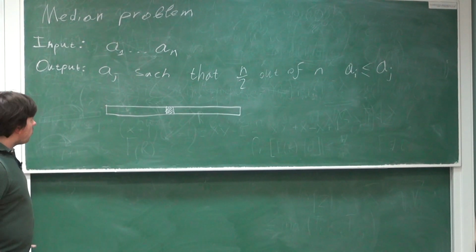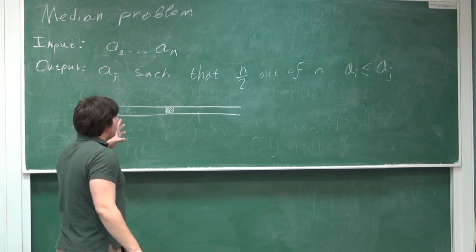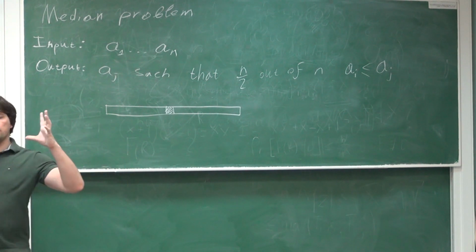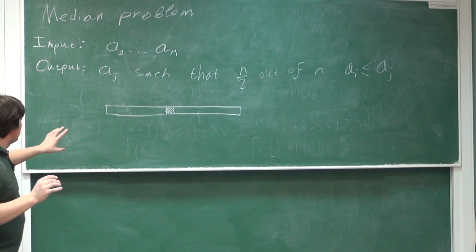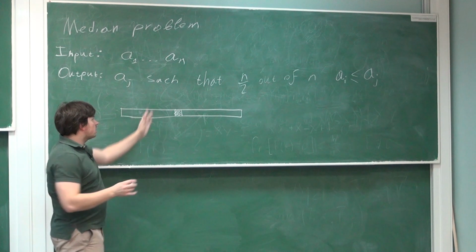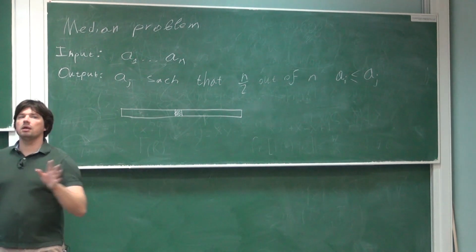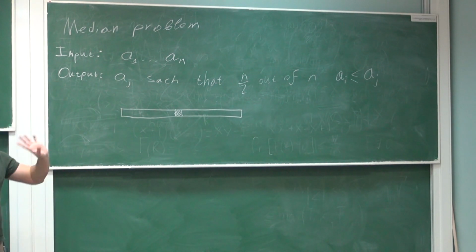Well, we want to do it round by round, and each round we want to cut a piece of this array and say, hey, the median is not here, and just throw a bunch of elements away.